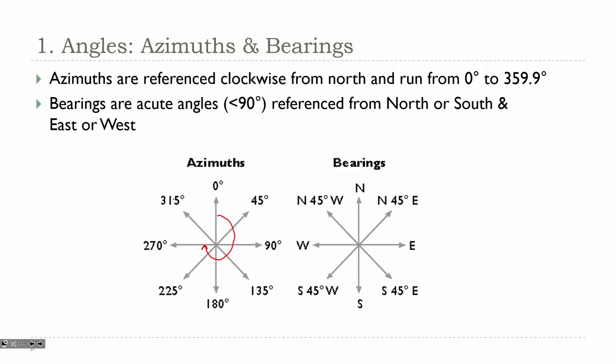For bearings, you always start with the north or south designation, and then the angle is referenced from north or south, and you designate whether it's in the east or west direction from north or south.